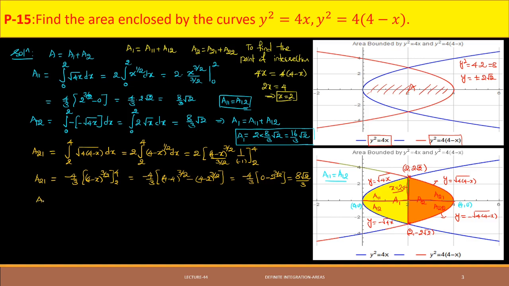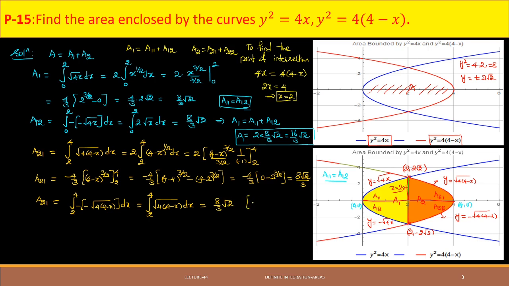And similarly, let us find out A22. A22 is equal to integral 2 to 4. Now this curve is below the x-axis, so we have to add minus here. So minus of minus root of 4 into 4 minus x into dx. So that is equal to integral 2 to 4 root of 4 into 4 minus x dx. Just now we have found out that this is 8 by 3 into root 2.